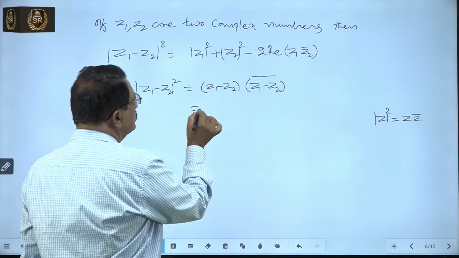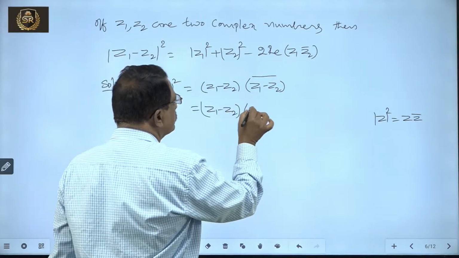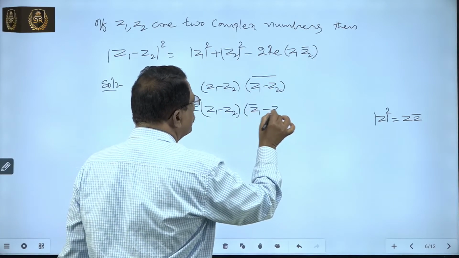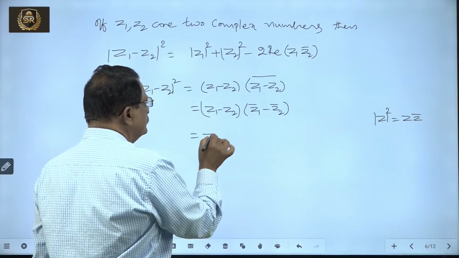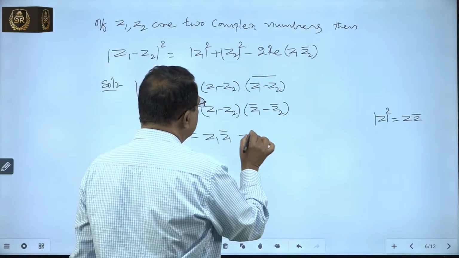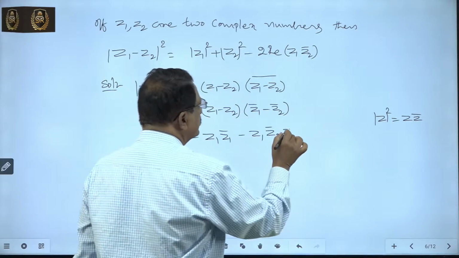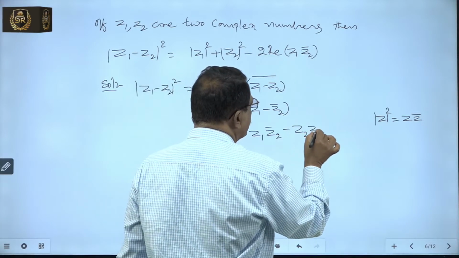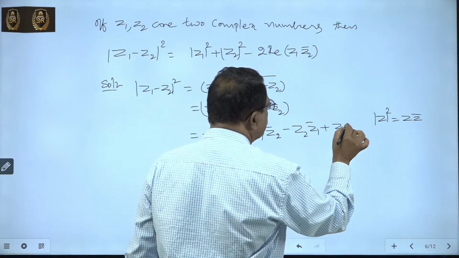Now that equals (Z1 minus Z2) into (Z1 bar minus Z2 bar). That equals Z1 into Z1 bar minus Z1 into Z2 bar minus Z2 into Z1 bar, minus of minus plus Z2 into Z2 bar.